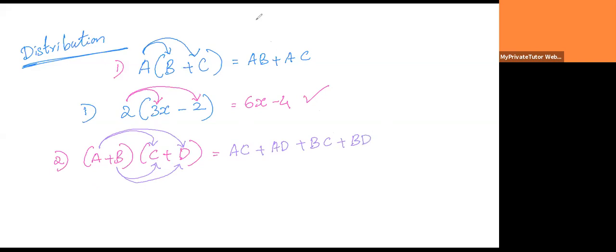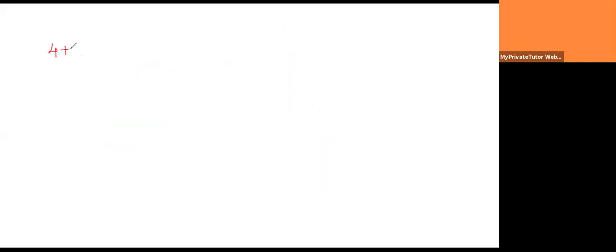Hope you guys understand. Okay, let me give an example here so that you will understand better. Okay, let's go to a different page. (x plus 4) and (y minus 3).